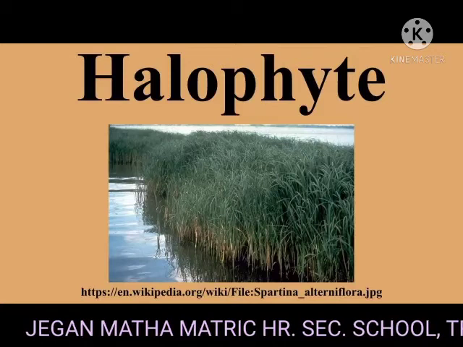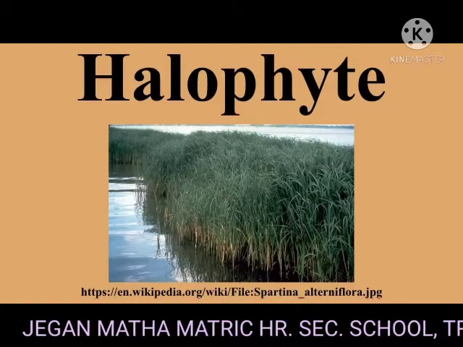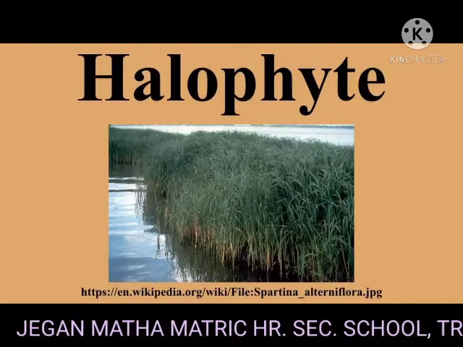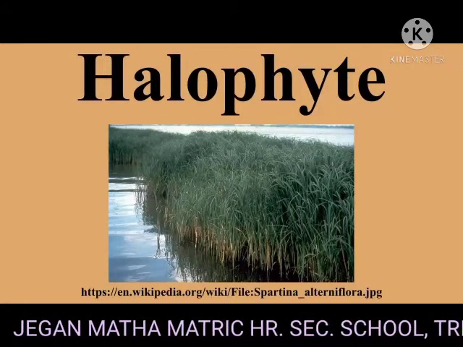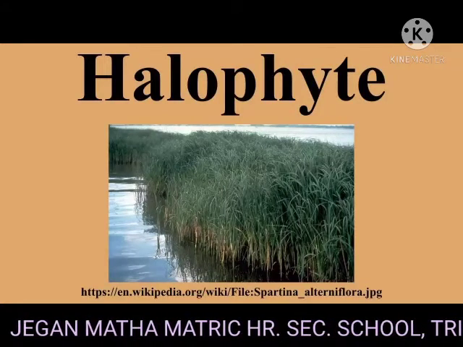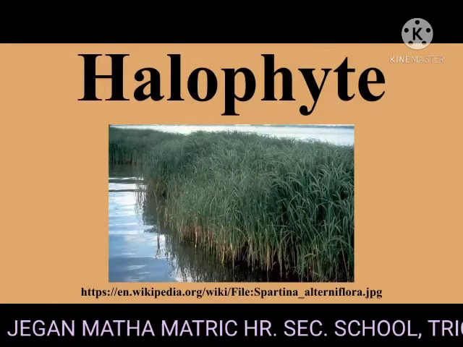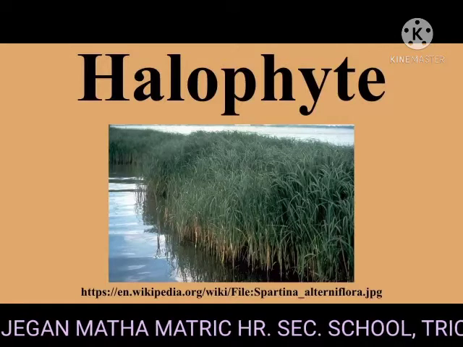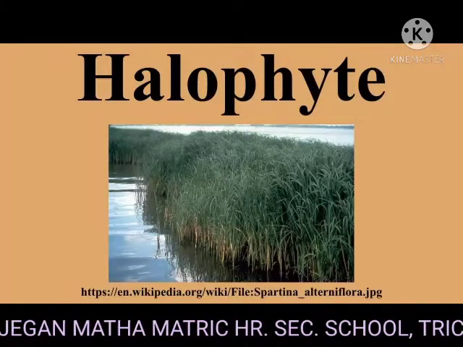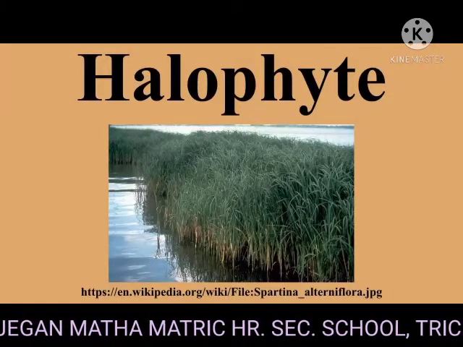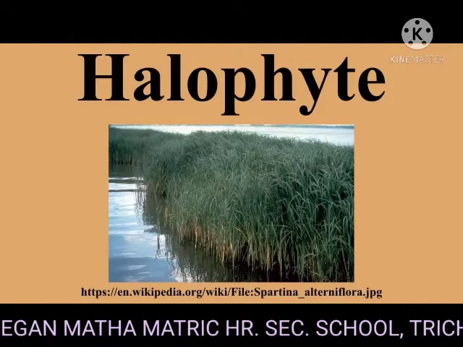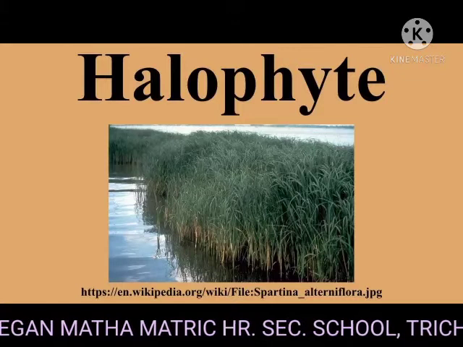The soils are physically wet but physiologically dry. As plants cannot use salt water directly, they require filtration of salt using physiological process. This vegetation is also known as mangrove forest and the plants are called mangroves.